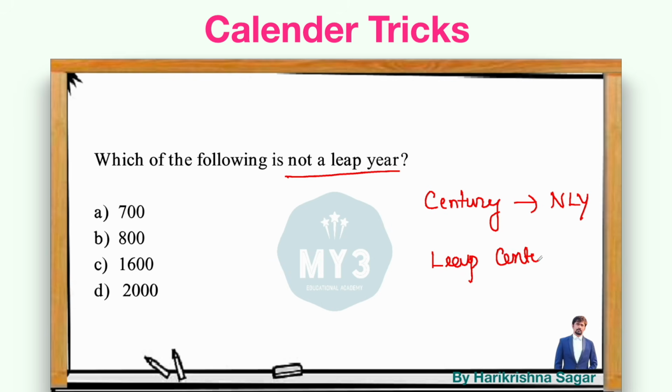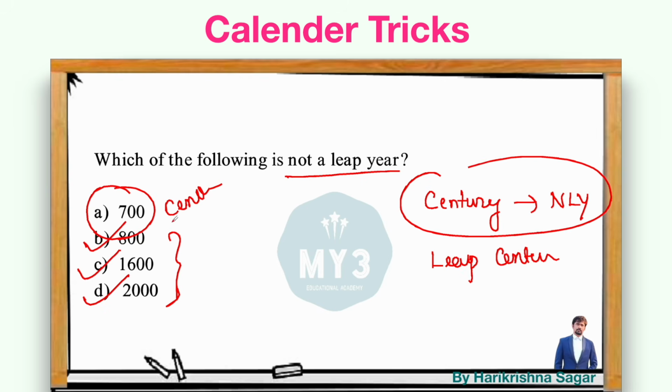So this is a point which we have to use. So here 1800, 1600, 2000, these are all leap centuries. So these are leap years actually. And 700 is a normal century. Every normal century will be treated as a non-leap year.